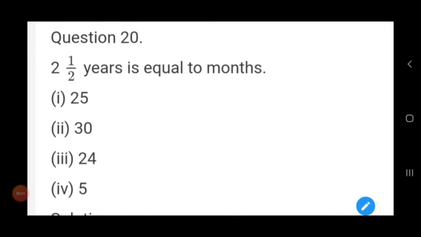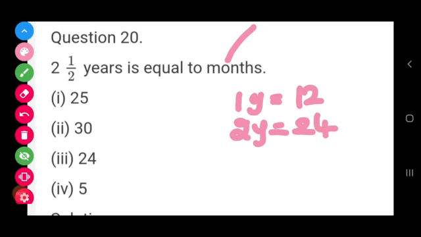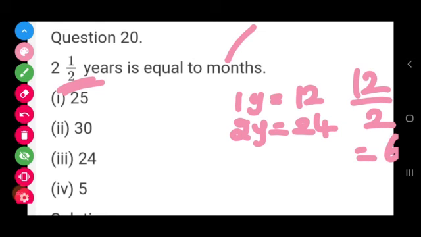Okay. Next, question number 20. 2.5 years is equal to dash months. 1 year equal to 12 months. 2 years equal to 24 months. Half year equal to half of 12, which is 6 months.